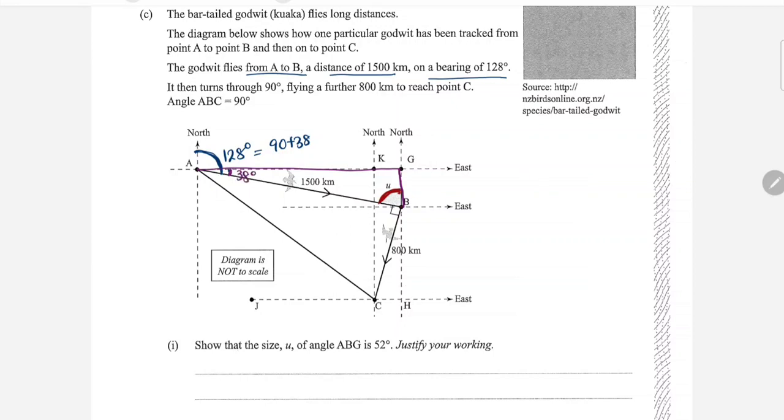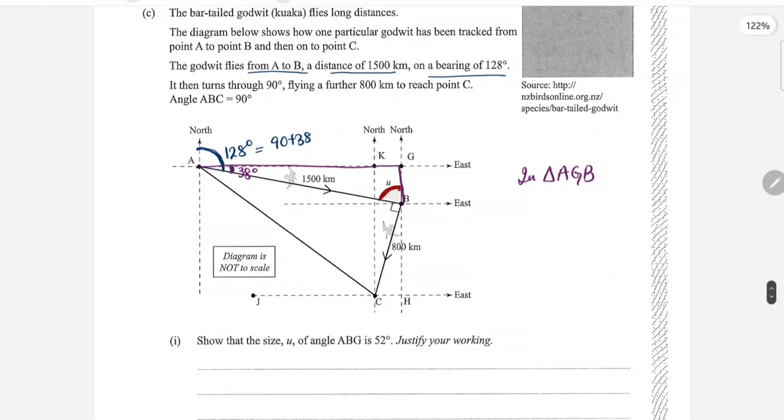So we can say in triangle AGB, this angle GAB is 38, this is 90 degrees. So this angle should be something to make it 180 degrees, right? So the angle is 180 degrees take away 38 plus 90 degrees. I'm considering this triangle. We know this is 90 degrees.